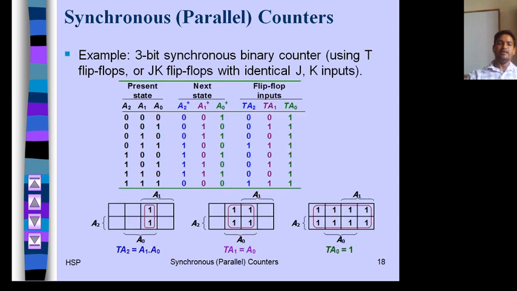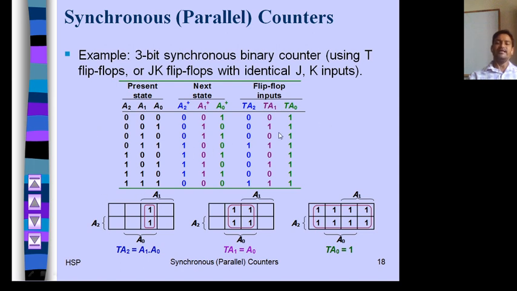Now we will see 3-bit synchronous binary counter or mod 8 synchronous counter by using JK or T flip-flop. You know there will be 8 states, so 3 flip-flops will be required.